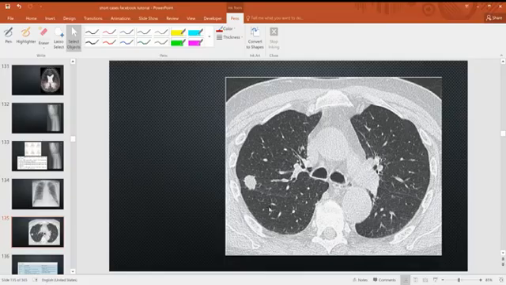Someone wrote AVM. Someone wrote irregular, not calcified, malignant. Faisal wrote malignant.